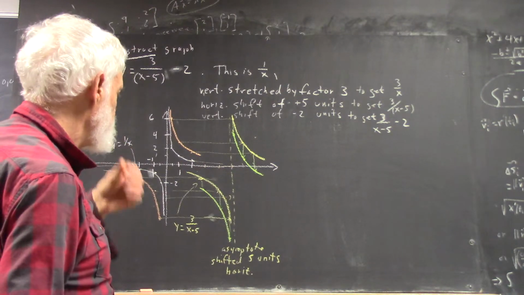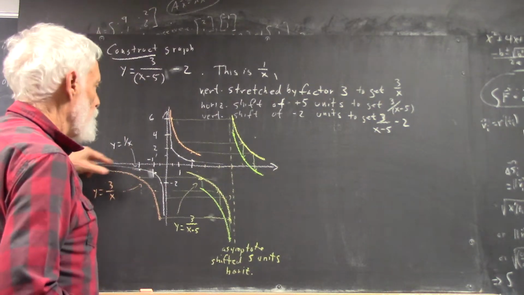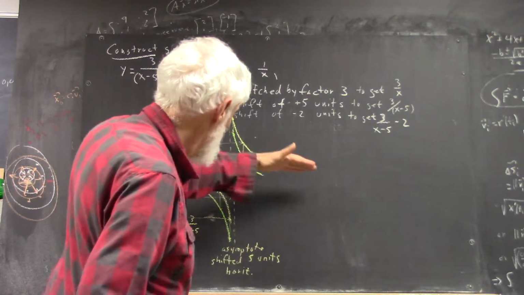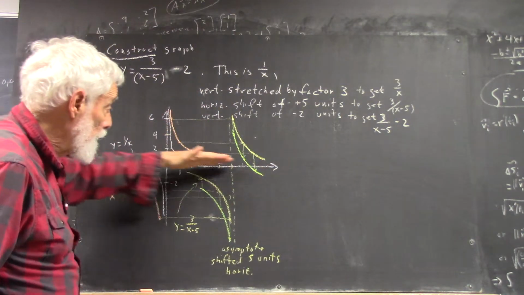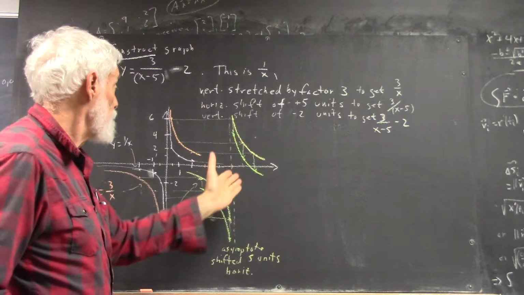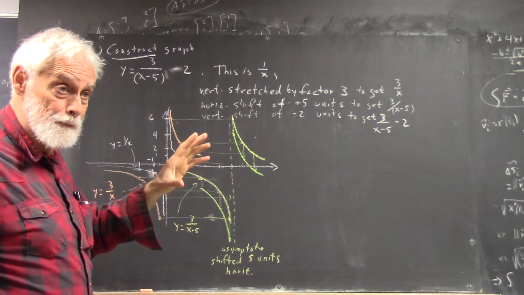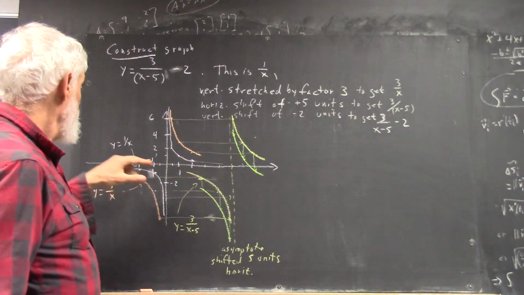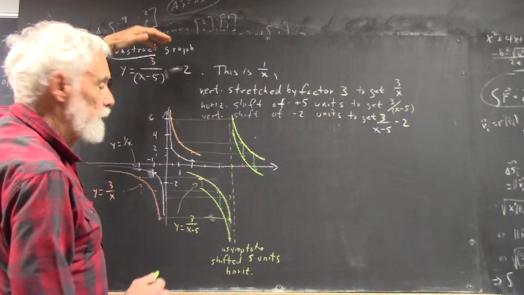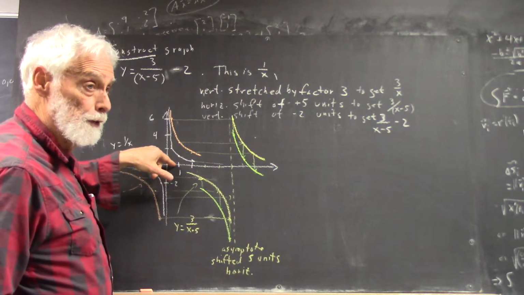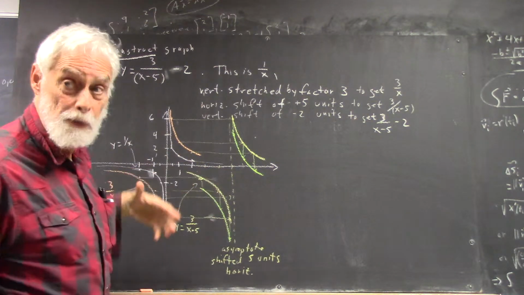Also, the horizontal axis is a horizontal asymptote. The graph is asymptotic to the x-axis just like it is to the y-axis, right? The original graph. And since I've just vertically stretched it, that moves any point on the x-axis to itself because it has no distance from the x-axis.